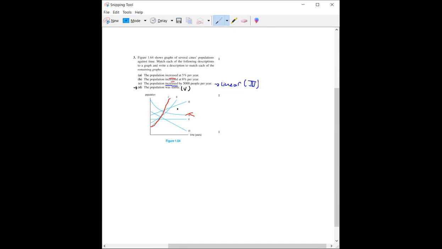So I've got one that is growing pretty fast and one that is growing slower. And the slower one is going to be associated with the lower percent growth rate. So this is going to be 2. A is going to be 2. And B is going to be 1. Does that make sense?